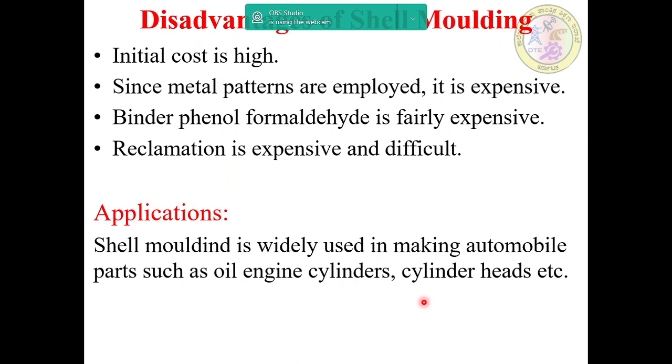And then it has some disadvantages. The initial cost is high, and metal patterns are employed. That's why it is expensive. And then you are using a binder, phenol formaldehyde, which is fairly expensive, and reclamation is expensive and very difficult because you are using resins.